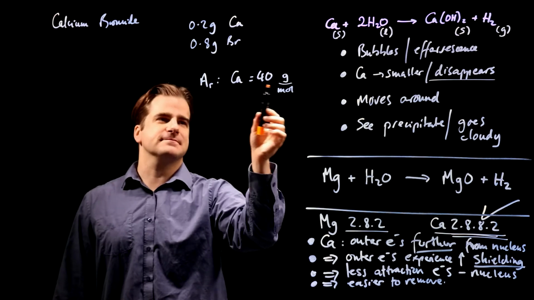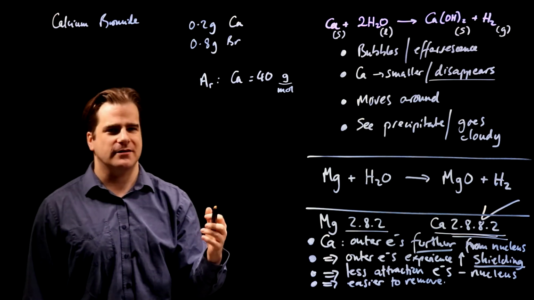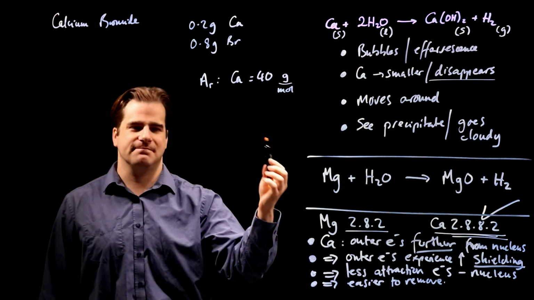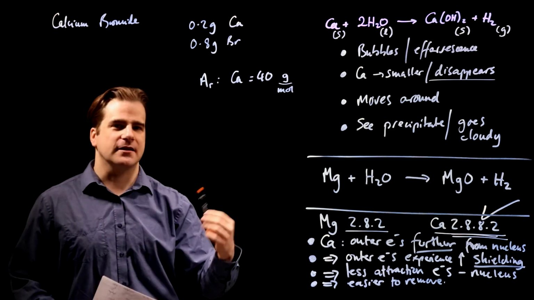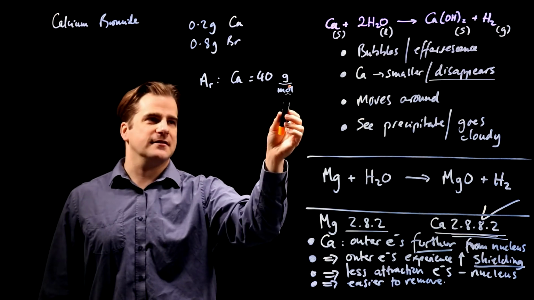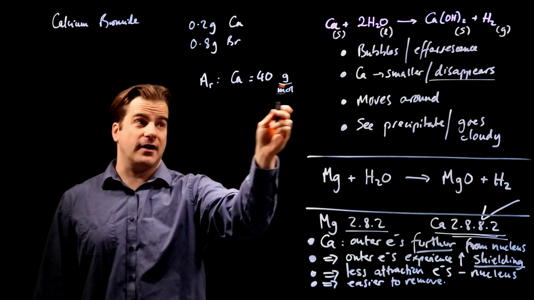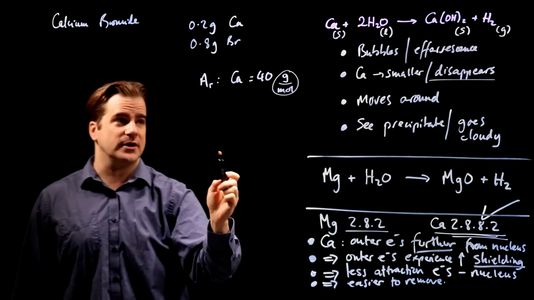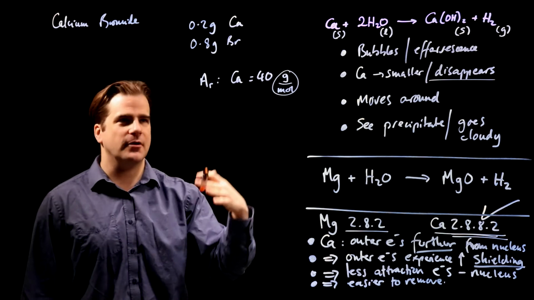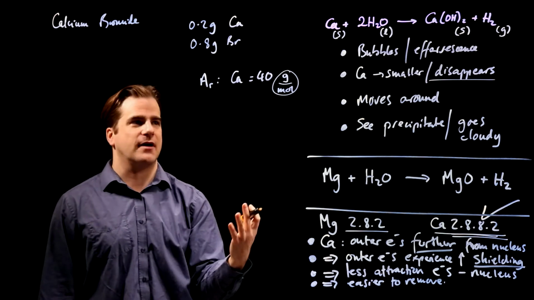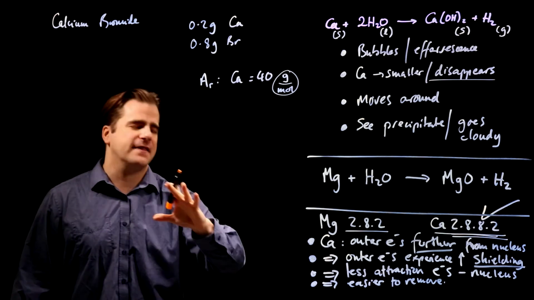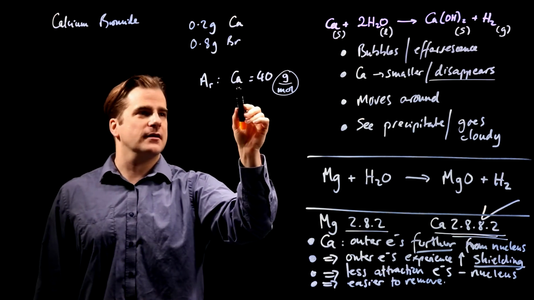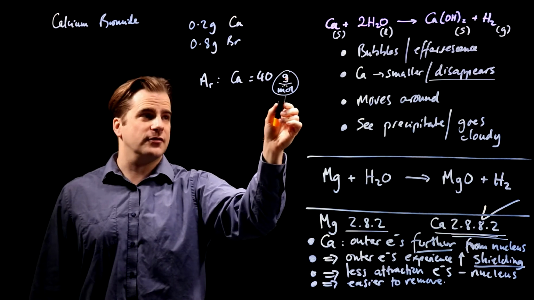So technically AR, relative atomic mass, doesn't have units, but there's such little difference here that I'm going to slightly cheat and write that. It's fine for you to write that, okay? I want you to write the units. We're going to use the units to solve this question. Knowing the units, I'm going to say that the units of AR is grams per mole, okay? That's fine. Just learn that if calcium has an AR of 40, it means it weighs 40 grams per mole.